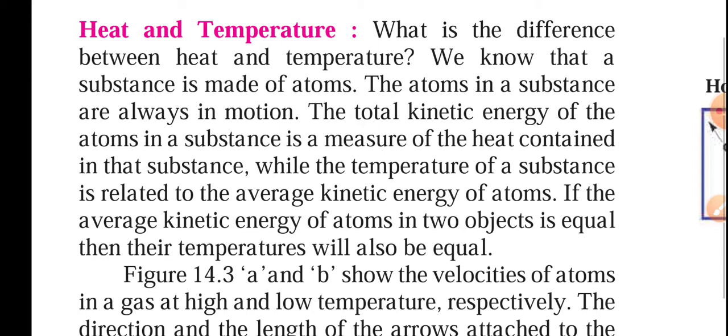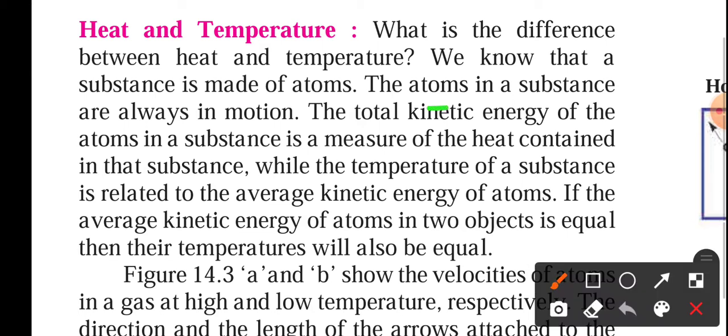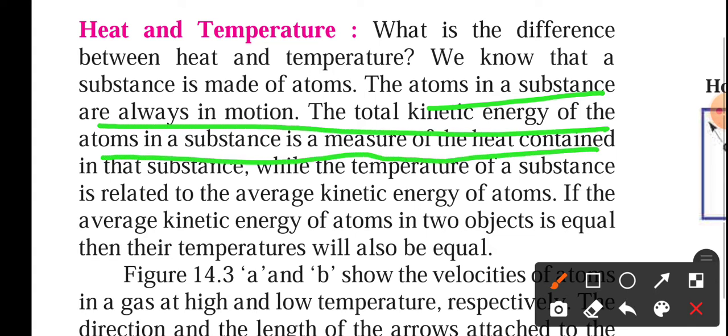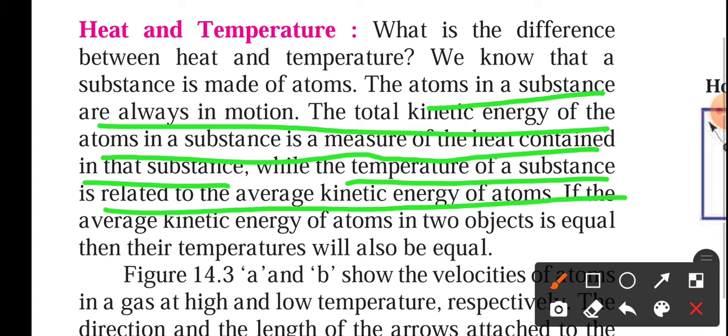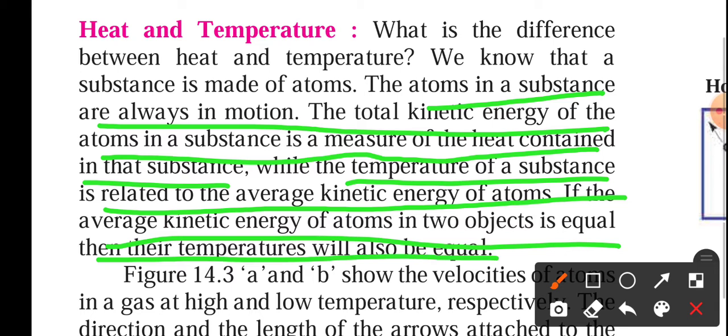Here they have given that the atoms in a substance are always in motion. The total kinetic energy of the atoms in a substance is a measure of the heat contained in that substance, while the temperature of a substance is related to the average kinetic energy of the atoms. If the average kinetic energy of the atoms in two objects is equal, their temperatures will also be equal.